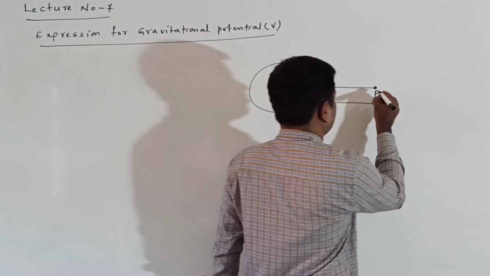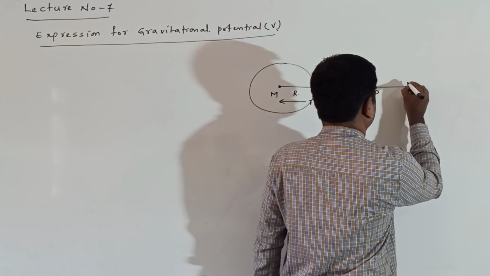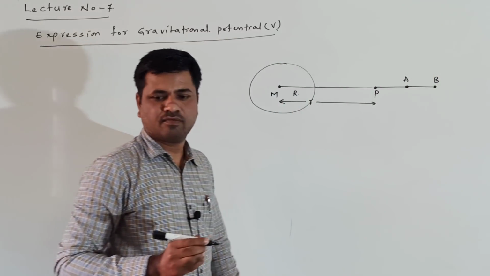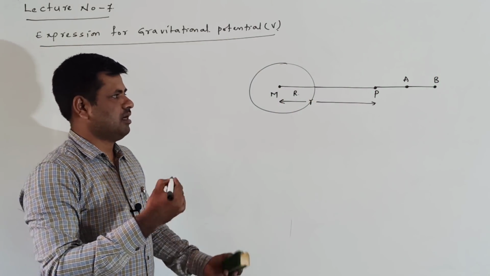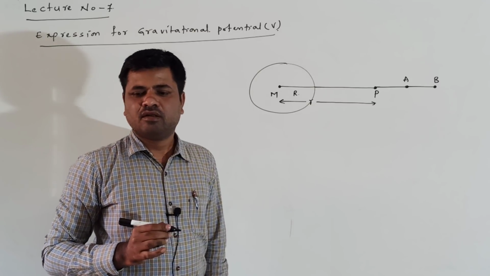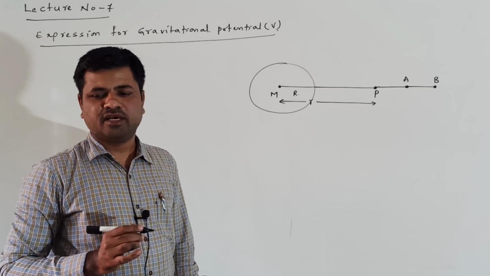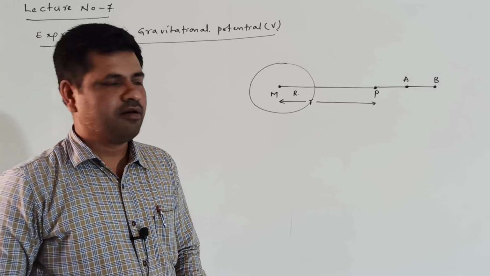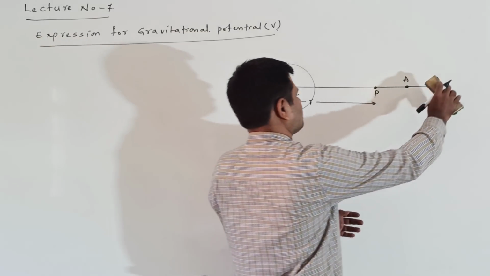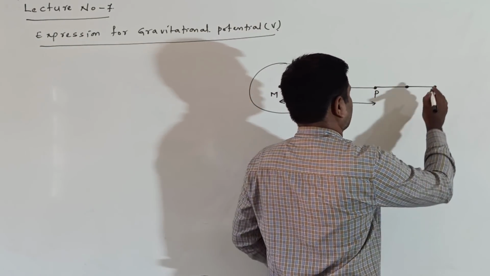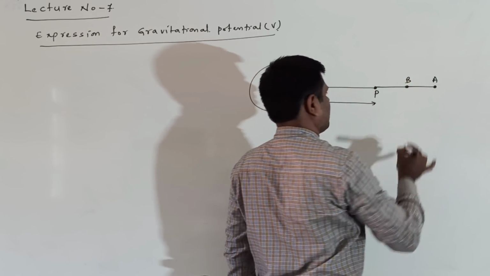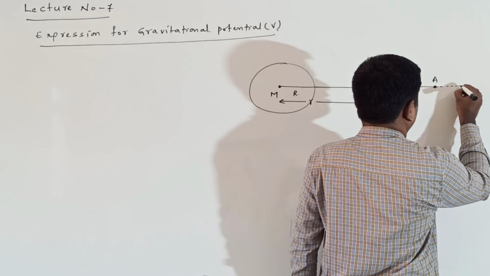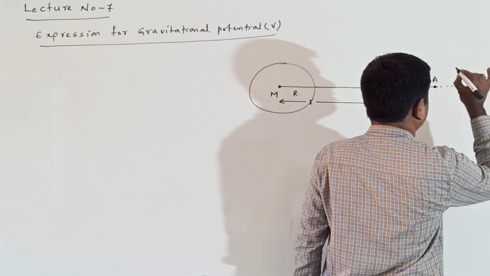Now we consider two points, A and B. You can take it like this also, B and A. One point I consider as A, another point I consider as B, A to B. This is infinite distance.